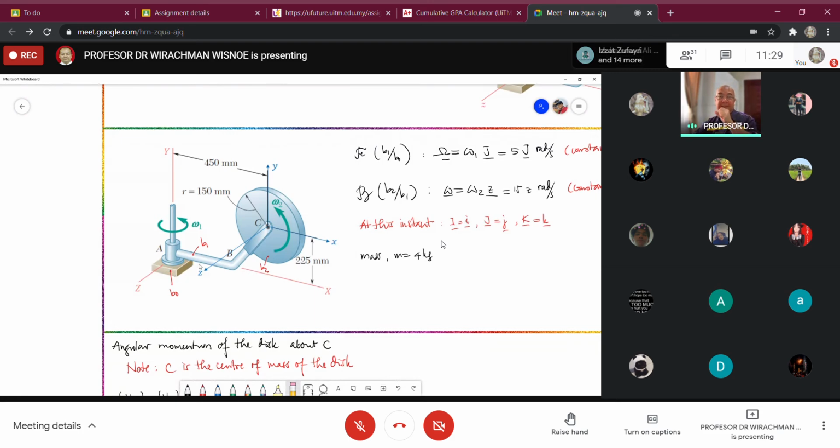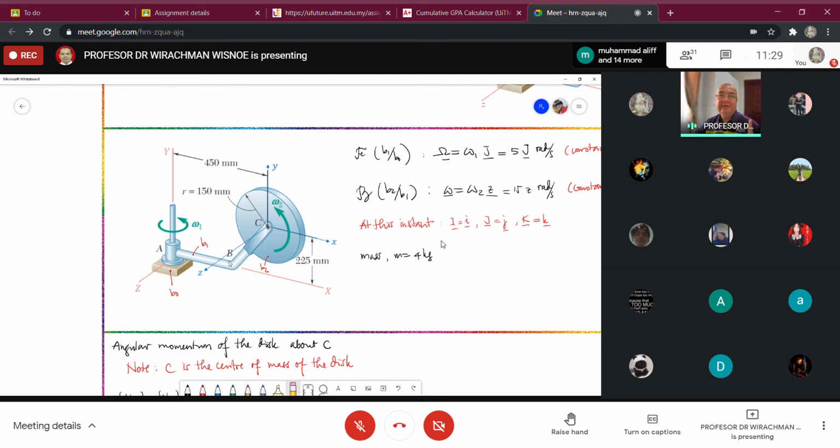Body number 1 is the one connected but rotating about the body number 0. So this is body number 1. So all this one is fixed. All rotate at A, yeah, with this omega 1.